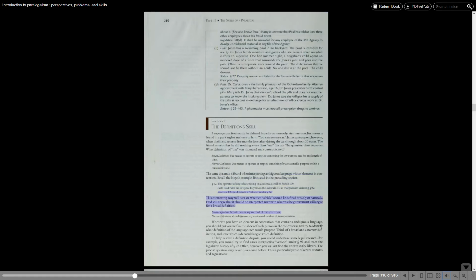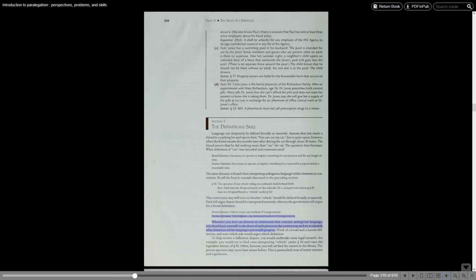Is a 10-speed bicycle a vehicle under 92? This controversy may well turn on whether vehicle should be defined broadly or narrowly. Fred will argue that it should be interpreted narrowly, whereas the government will argue for a broad definition. Broad definition. Vehicle means any method of transportation. Narrow definition. Vehicle means any motorized method of transportation.